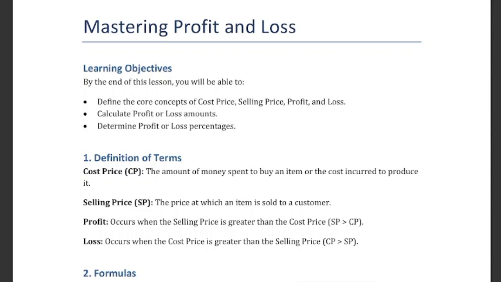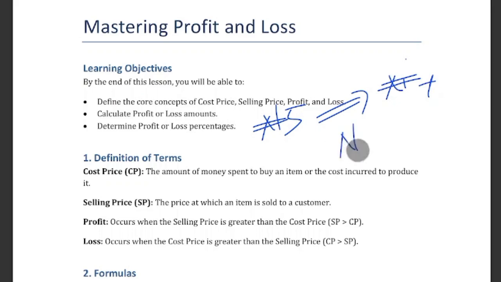Take for instance, you bought something for 5 naira, you now sold it for 7 naira. Then you have made a profit. The difference between 5 naira and 7 naira is 2 naira, and the price at which the product is sold is more than the cost price, which means you have gained. You understand? So that means you have a profit.